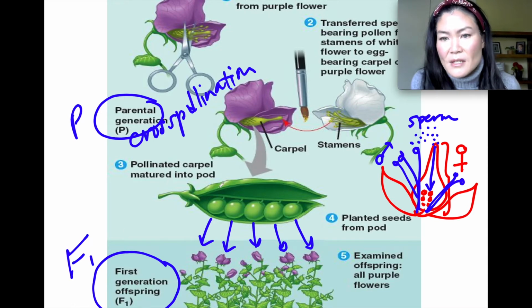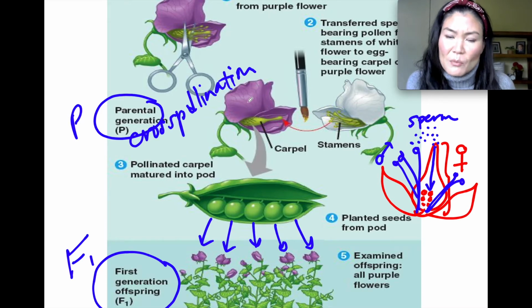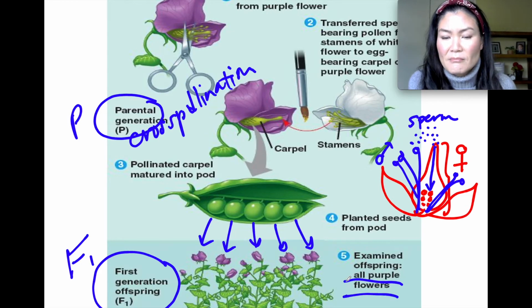And you can see in this diagram or this picture that the parents, one was purple, one was white, and what color are the F1 generation? What color are their offspring? They are all purple flowers. Okay, and so he saw this pattern quite often when dealing with the different characteristics of the pea plants.